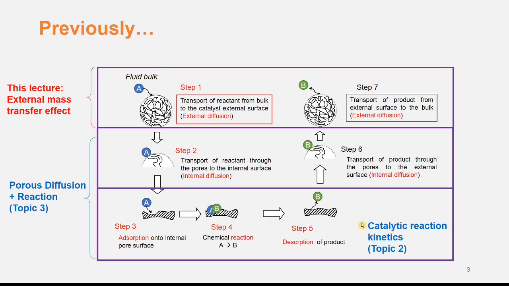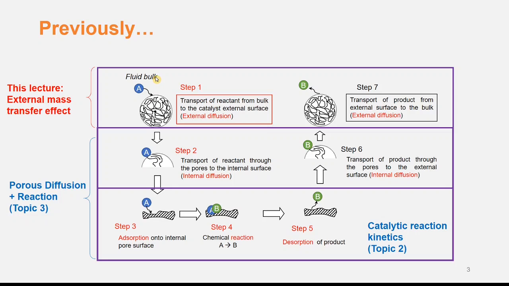In the previous lectures, we looked at the surface reaction steps: adsorption, surface reaction, and desorption, and the internal diffusion steps. That is, diffusion of reactants and products through the pores in the catalyst pellets.